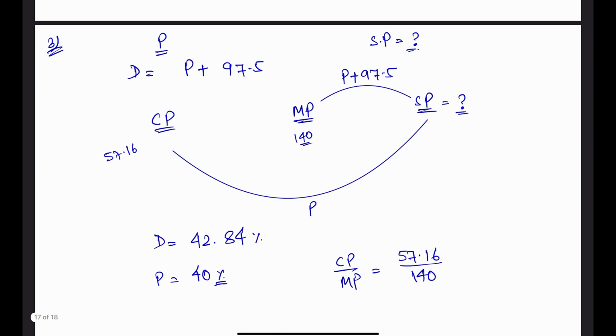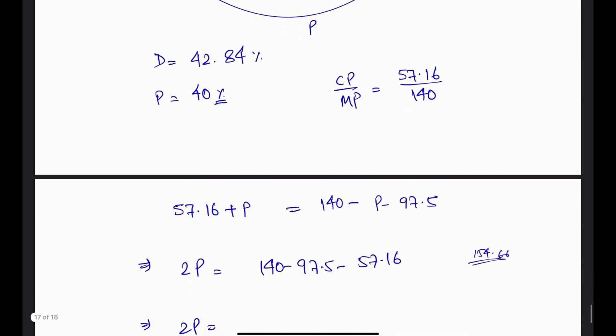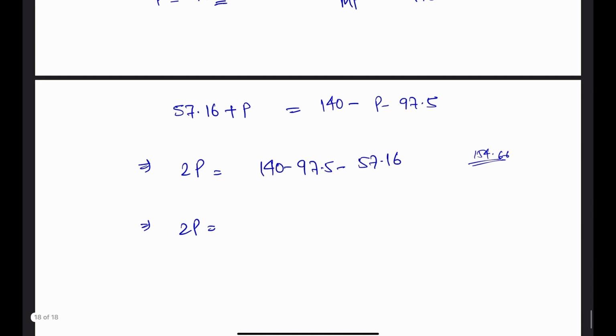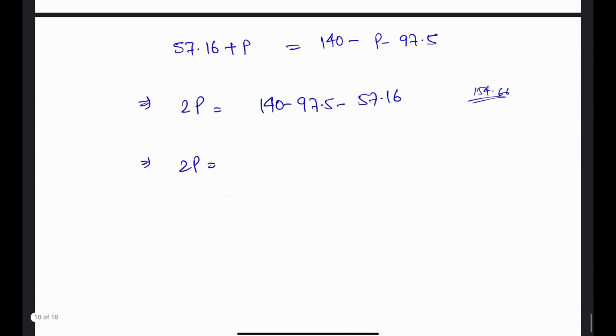I need to take the multiple of this value. Even if I take the multiple, 140 into 2, 280 minus 100 minus 97, no, that's quite wrong.